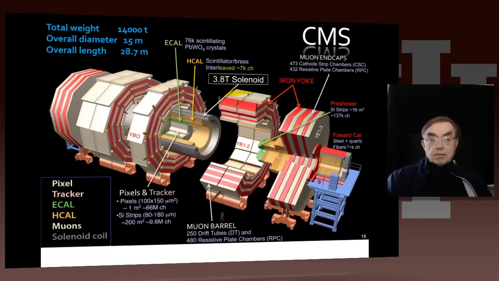And we detect muons because they hardly interact at all, and photons, which are critical. Remember, the Higgs goes to two photons; those are in the electromagnetic calorimeters. So calorimeters measure energy, magnets bend, and weakly interacting particles hardly interact. Putting all this together, you find out quite a lot about what goes on.